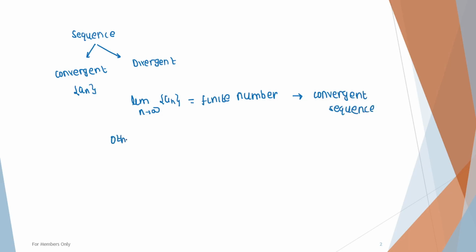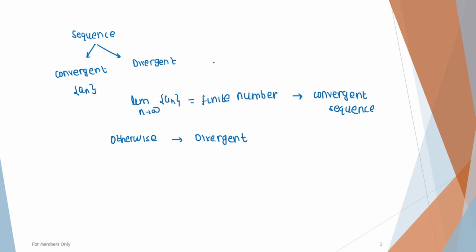Otherwise, in all cases it is divergent. In the earlier session we solved 5 questions based on finding the limit of a sequence. These are the main two properties which I left in the previous session. If it is a finite number, then it is convergent. In all other cases it is divergent.